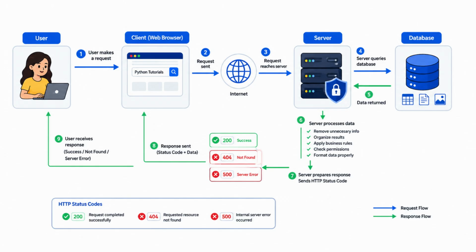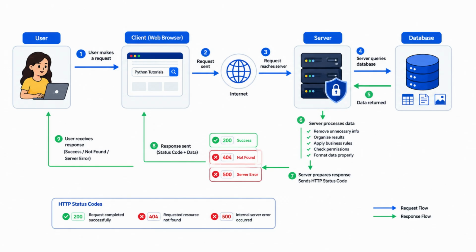If we do not find the requested result, we get 404. Okay. And 500 means an internal server error occurred. Okay. So we will learn more about these status codes in a dedicated video later. Just understand that the server also sends the status code to the client.